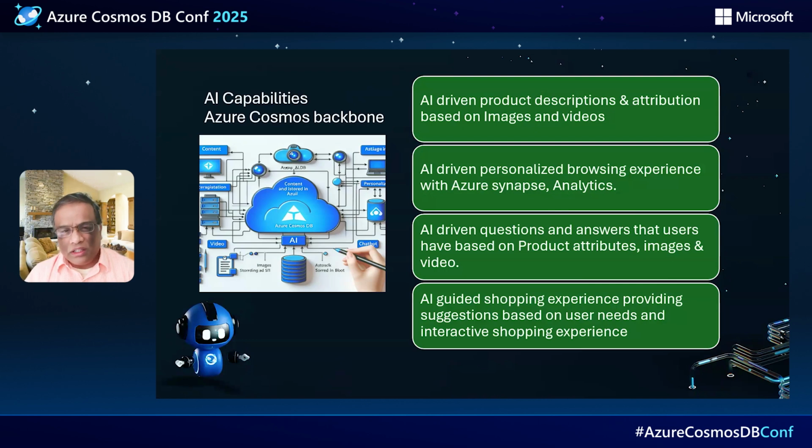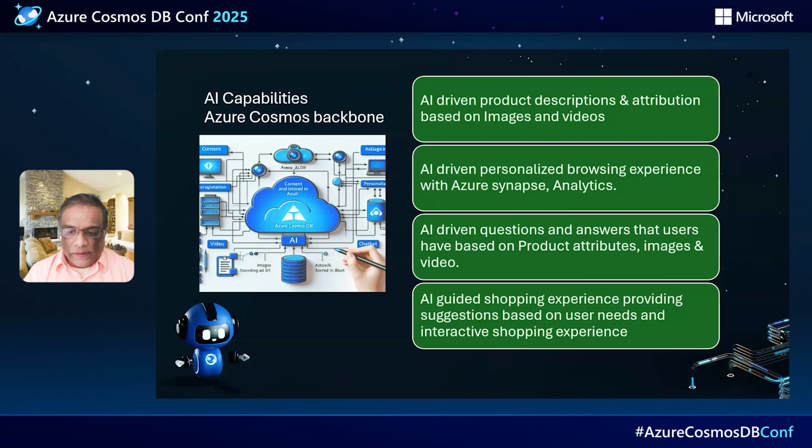We do this currently using various third party solutions, but what we want to do is start building these capabilities using Azure OpenAI, and dive into areas like creating product descriptions based on images and videos, creating a personalized browsing experience using information that's coming from analytics and loading that into Synapse, and a bot that can answer questions regarding our products when the user visits our website.